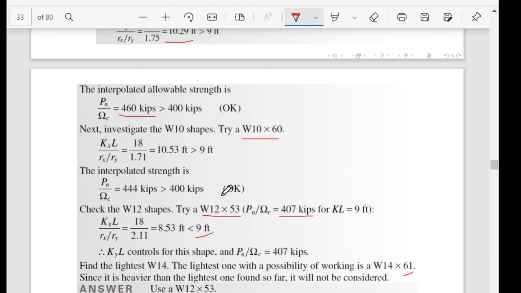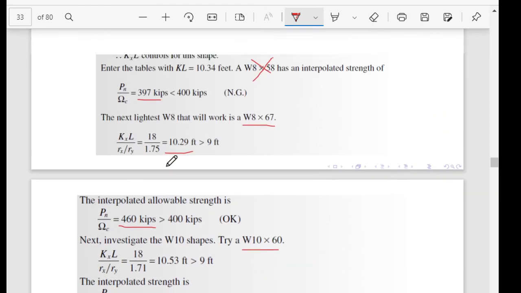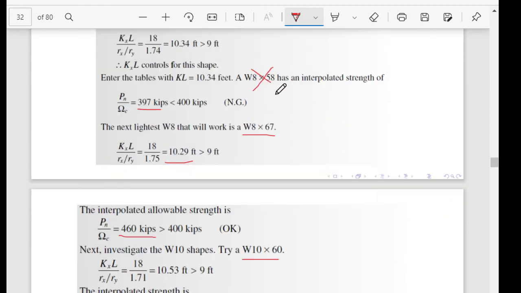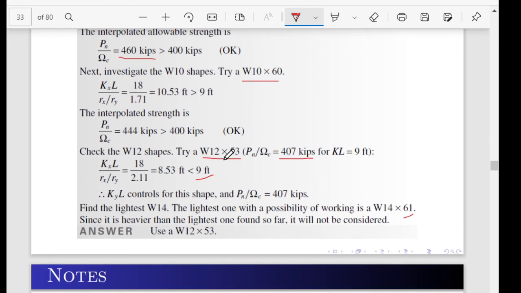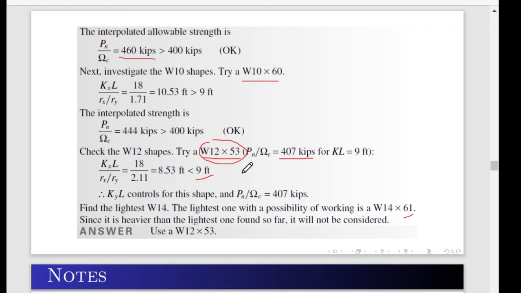Among the shapes we checked, the lightest possible so far is this W12 by 53. So meaning we have to use this W12 by 53 because this is the lightest found so far for ASD.